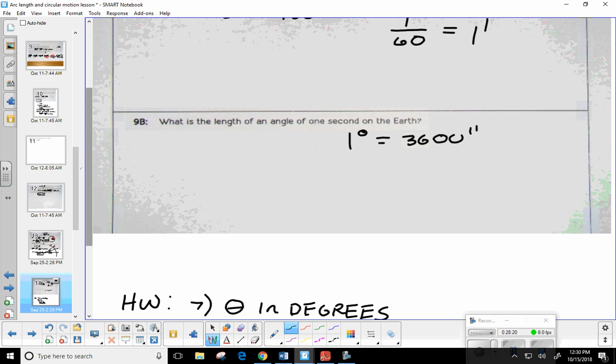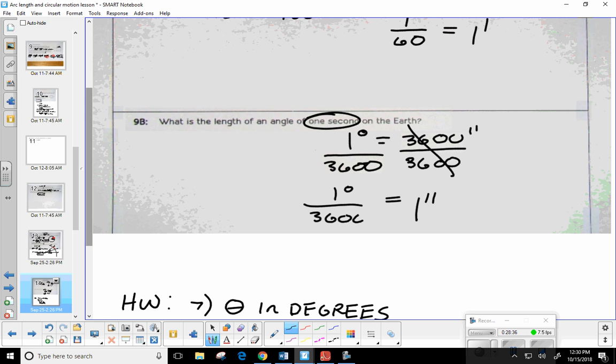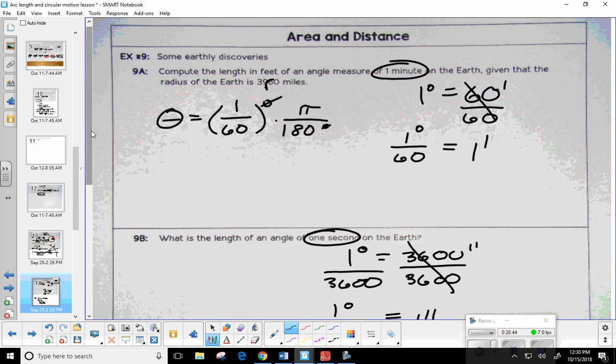The 3,600, right? Because I want to show 1 second. So I'm going to divide by 3,600. Those cancel, and that gives me specifically 1 second, which is what we want. So that tells me that 1 second is 1/3600ths of a degree. That's what I'm going to use for the second problem. Up here, we were talking about minutes, so I only had to divide by the 60.